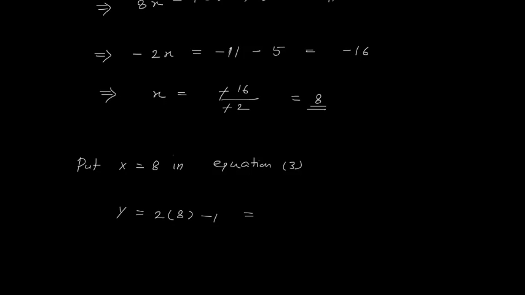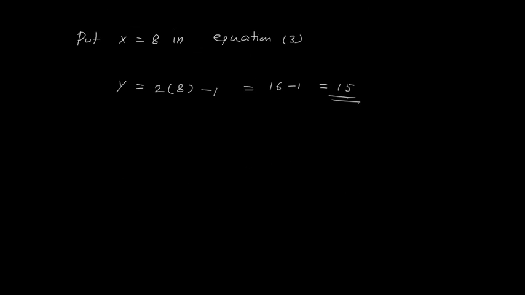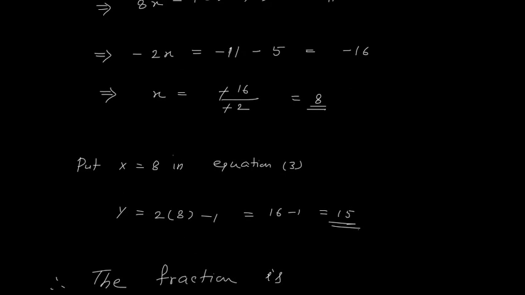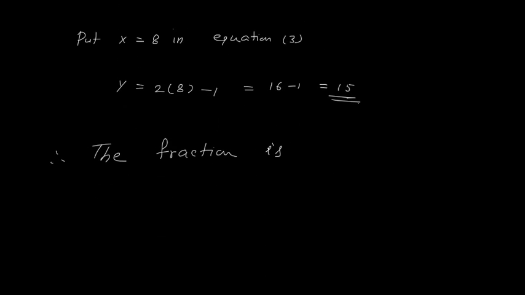So it is 16 minus 1, and 16 minus 1 is 15. So therefore the required fraction is x upon y. So the value of the fraction is 8 upon 15.